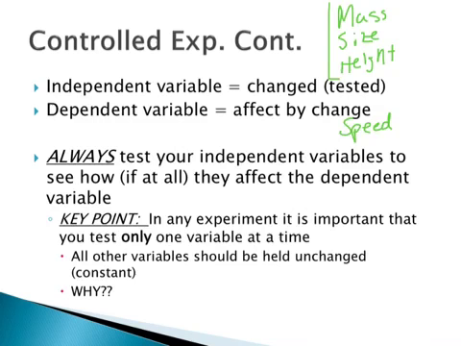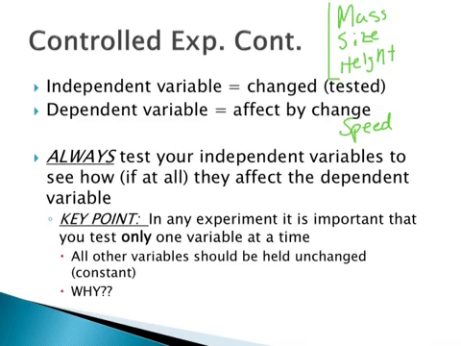You cannot test more than 1, because let's say I want to test the mass, but yet I change the size. Okay, if how fast those objects fall changes, I have no idea if it's the mass or the size that's affecting it. So I can only test 1 independent variable at a time.